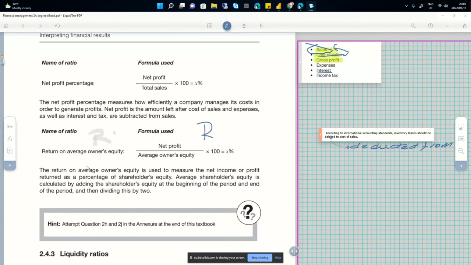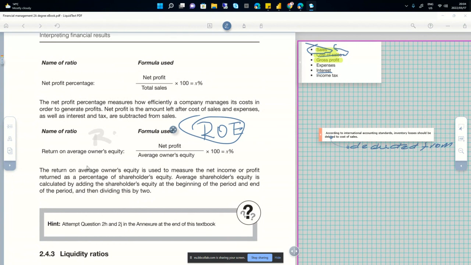Sorry, ROE. You will hear much in financial analysis as well as financial reports. You will see things like the ROE. What is it? It's the return on equity. So we are taking the net profit, we divide it by the average owner's equity times 100.